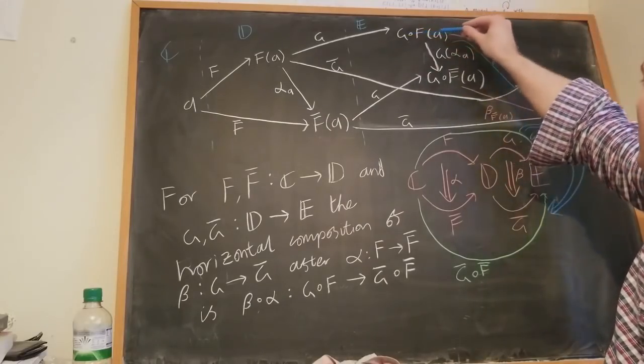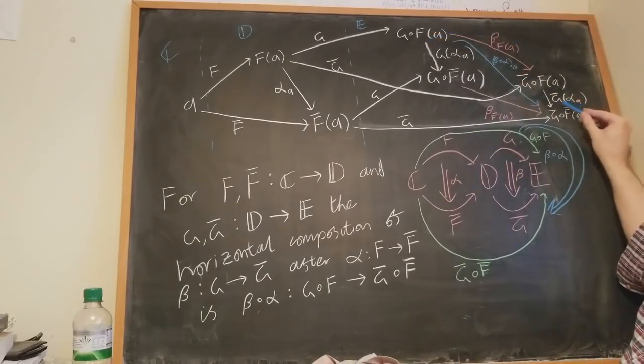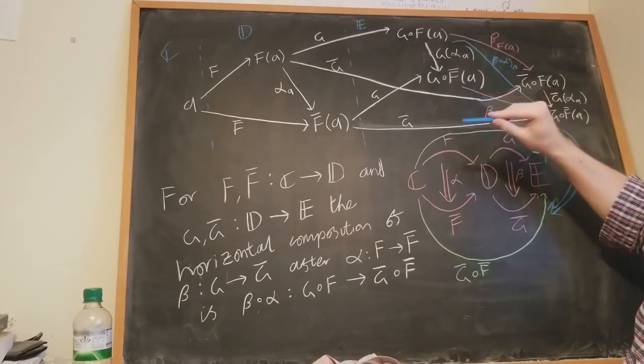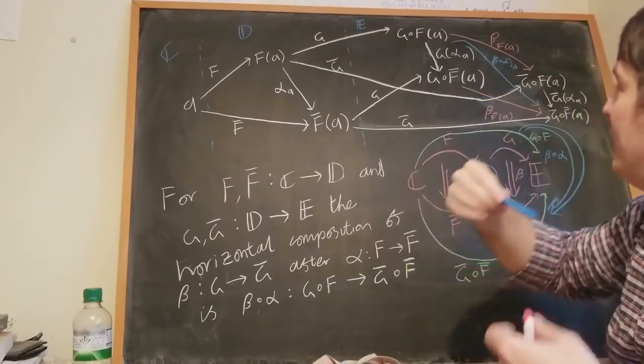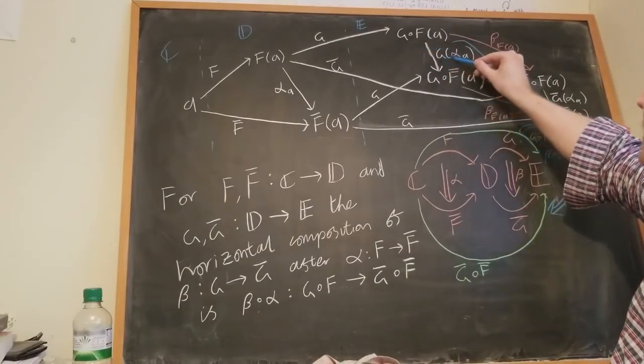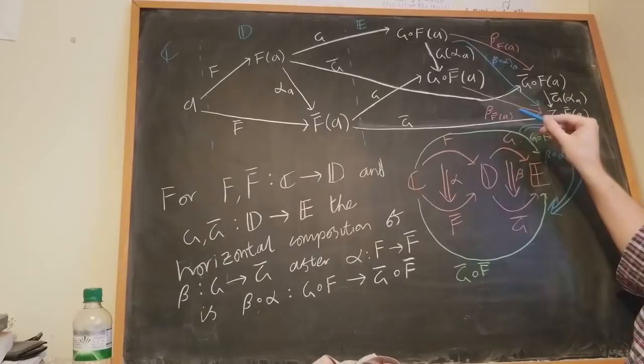So we know that going along beta of F of A and then G bar of alpha of A is going to be equal to what we get when we compose those together, the same thing as if we go along G of alpha of A followed by beta of F bar of A.